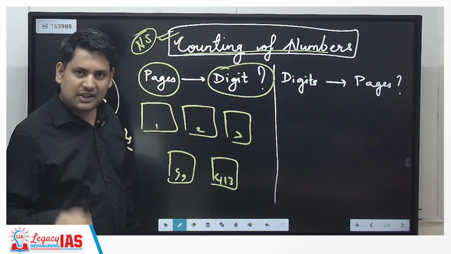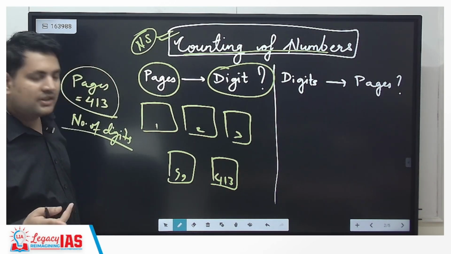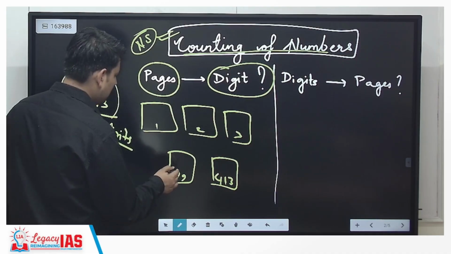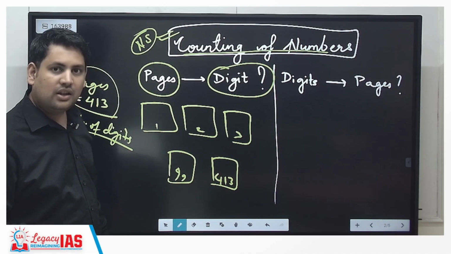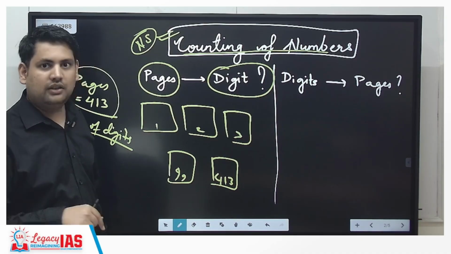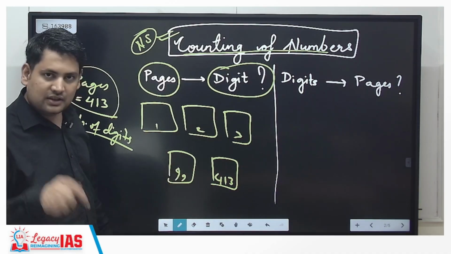So for single digit number you will have to only press once, but for two digit numbers you will have to press it twice, like 9 9. Then for three digit numbers you will have to press it thrice, 4 1 3, like this you will have to press. Understood? So for three digits, three times.